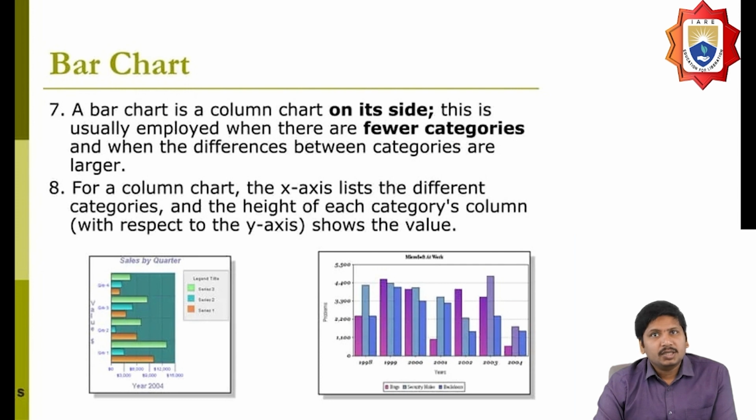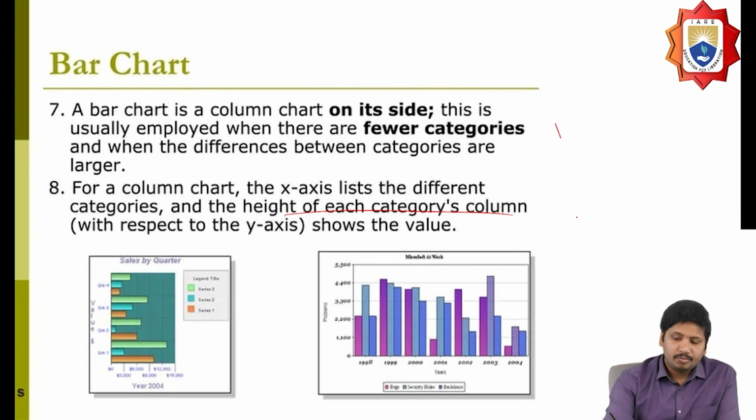A bar chart is a column chart on its side, and it should usually be employed when there are clear categories and a difference between the categories. For the column chart, the x-axis lists the different categories and the height of each column shows the value.